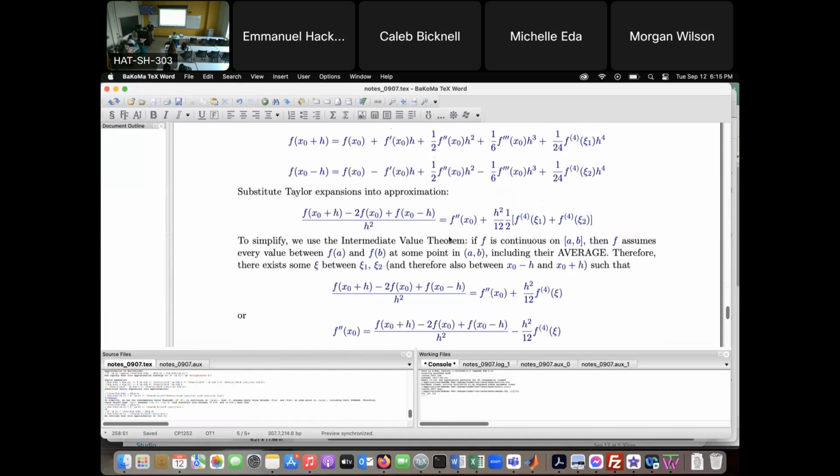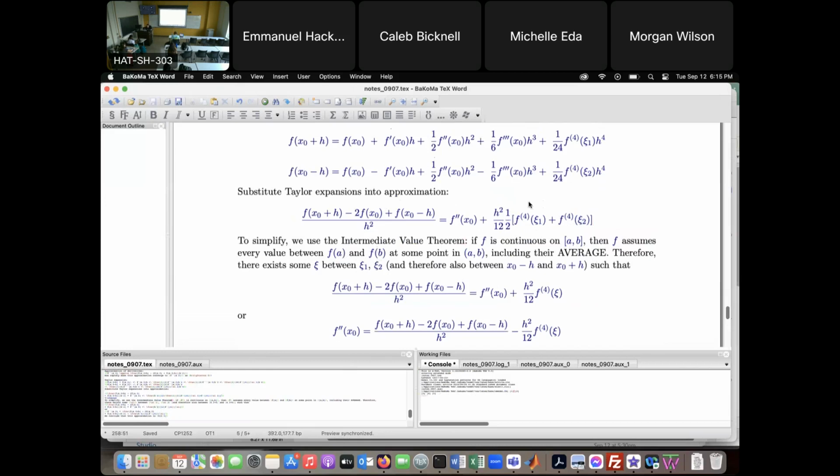So here we're going to assume that the fourth derivative of f is continuous. If f assumes every value between f of a and f of b, that would include the average, because the average of these two is a value between f of a and f of b.